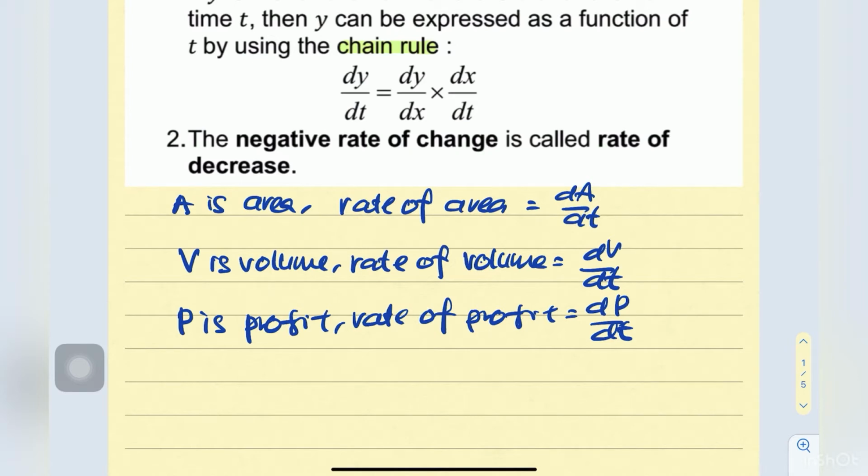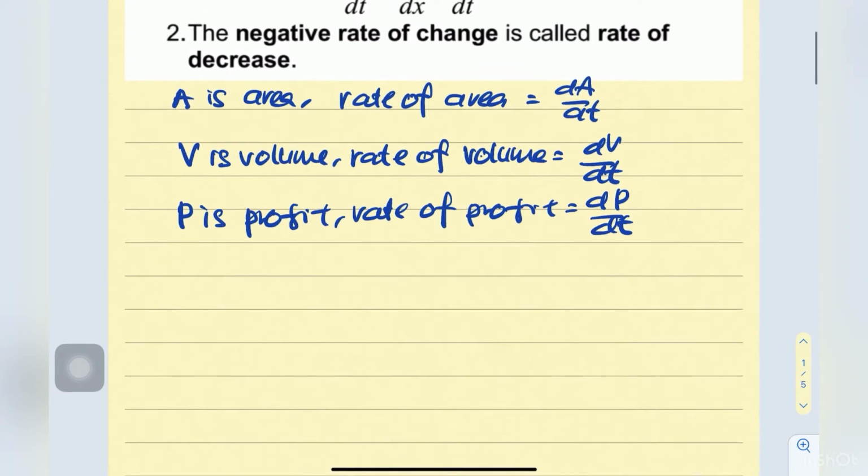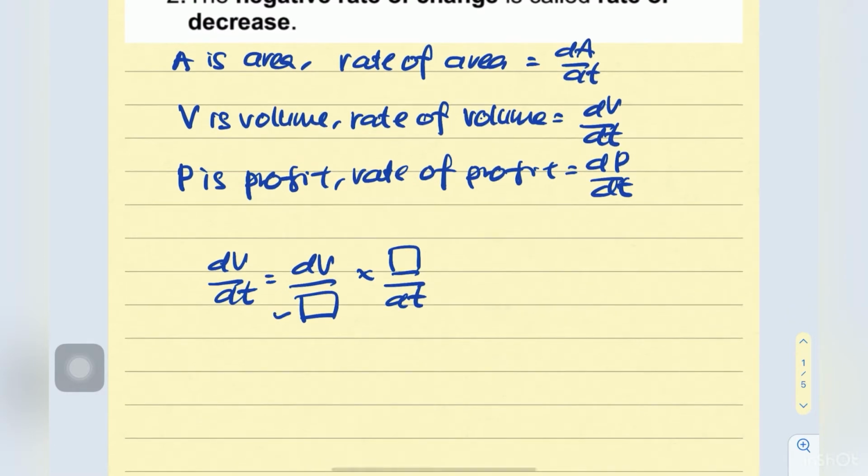Here, to apply the chain rule, for example, if we have dV/dt, then dV/dt is actually dV/d(whatever) times d(whatever)/dt. The numerator must be the same as the denominator, and the denominator must be the same as the numerator.